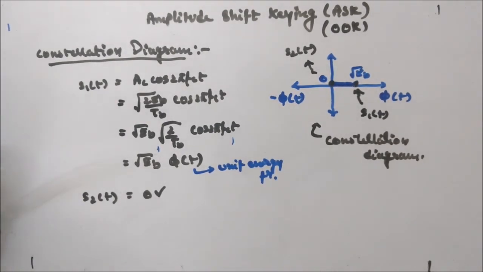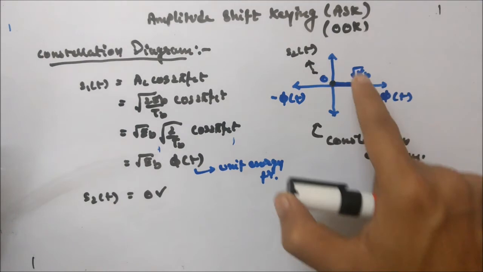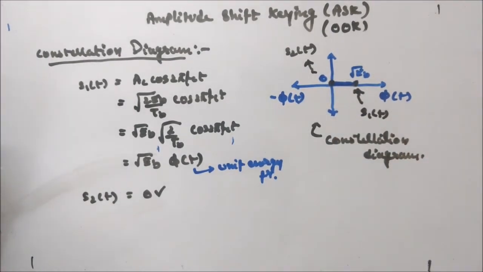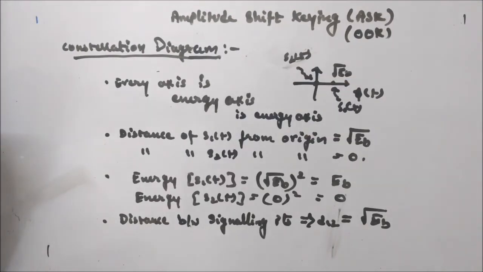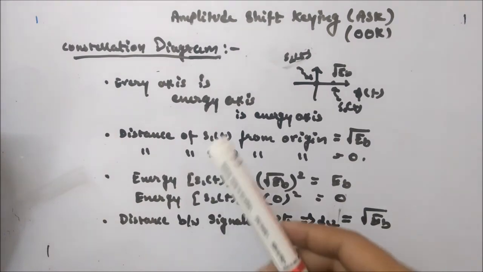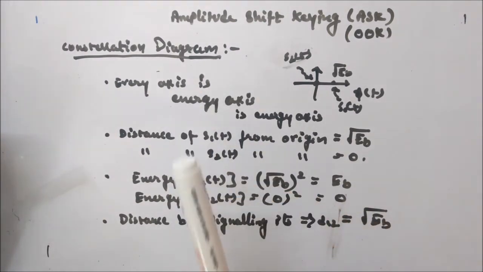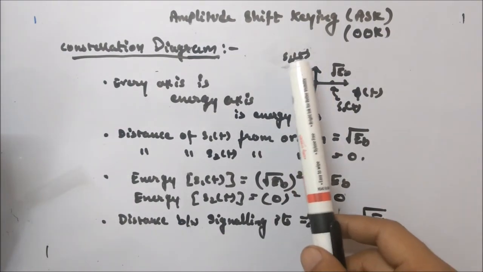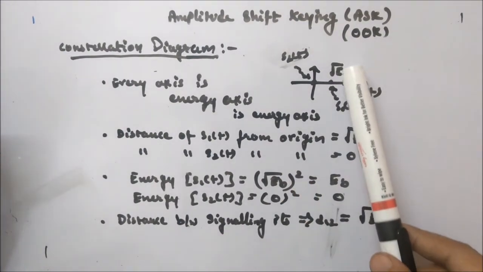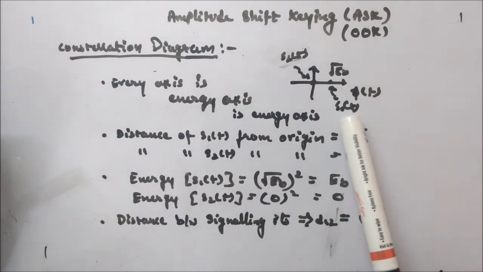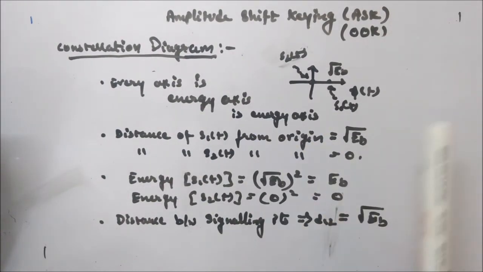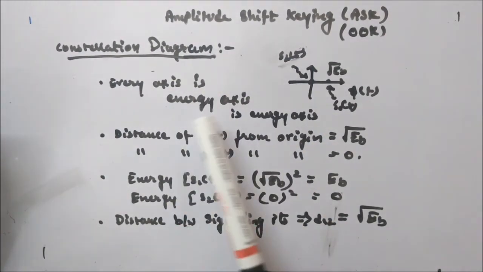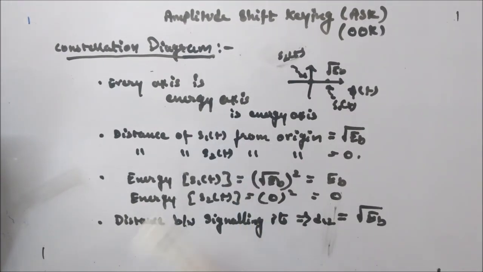Now I'm going to list some points about the constellation diagram. So this was our constellation diagram. This point was our S2t, 0, and this point, under root EB, our S1t, and this axis is phi t.